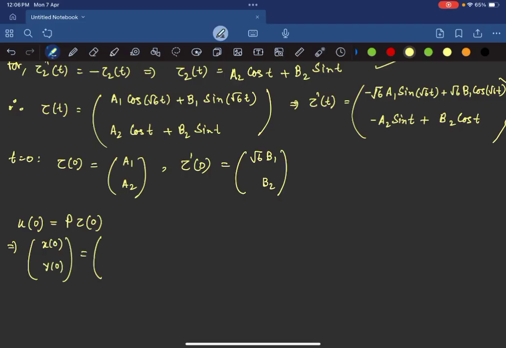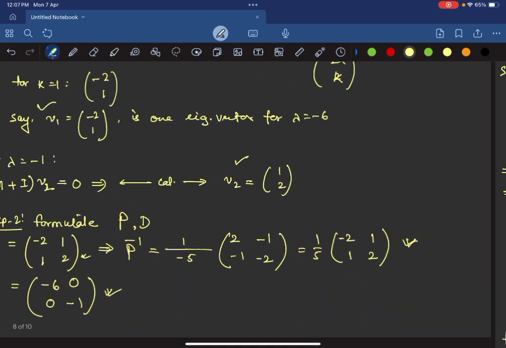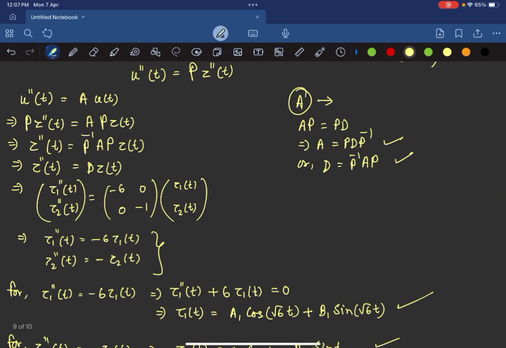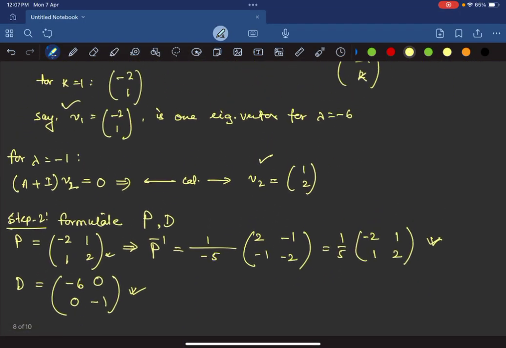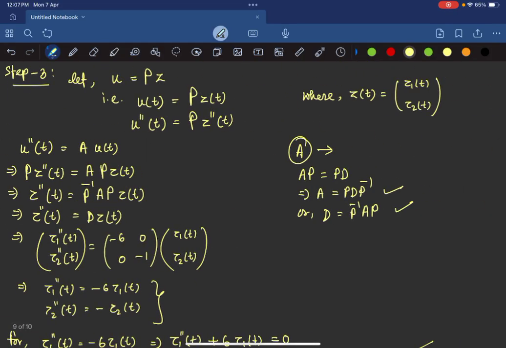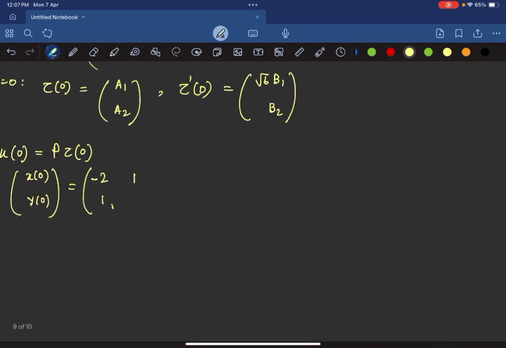So what is P? That P already we got, minus 2 1, and I guess it is 1 2. So if you apply that here, Z0 is A1 A2.